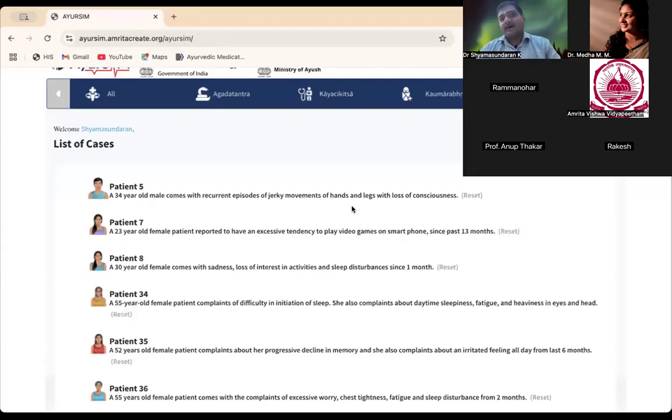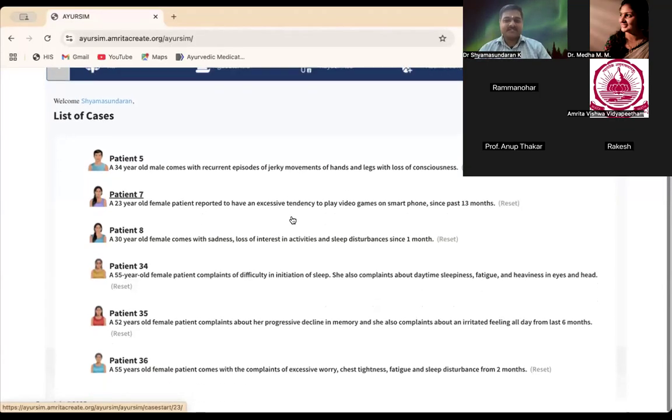This also came by consensus of both institutions. For example, the Kaya Chikitsa department of Amrita School of Ayurveda enlisted a certain number of cases which they feel are most important. Then the counterpart in ITRA did the same exercise, and they had dialogues and meetings in between, and only after that was it decided that these would be the final 6 cases under each.